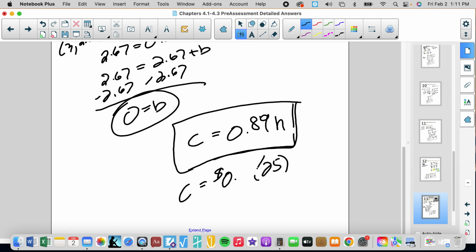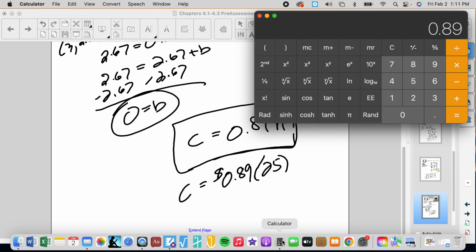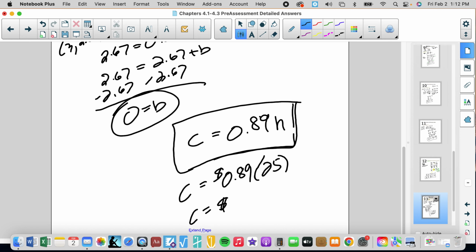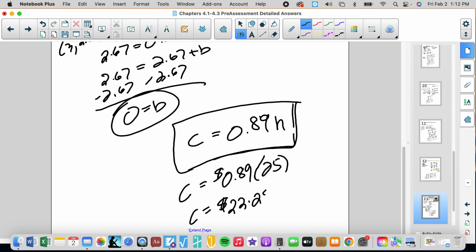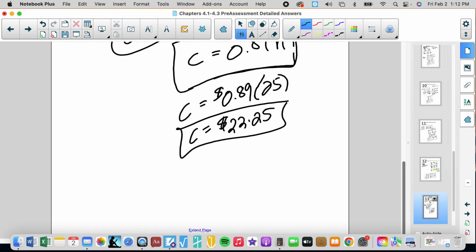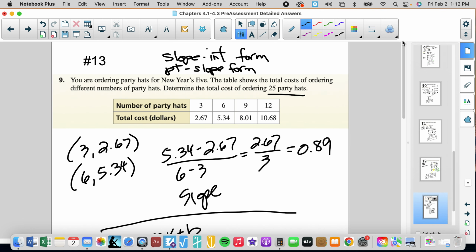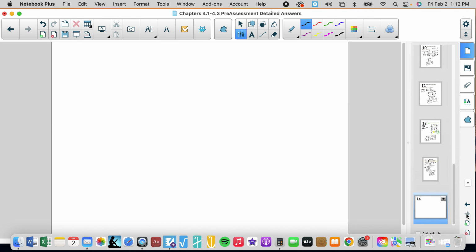Well, it came from Mr. Mack making a mistake. So 0.89 times 25 gave us $22.25. So for 25 hats, no service charge of buying hats, determine the total cost. We got it. Yes. Nice job. Good luck.